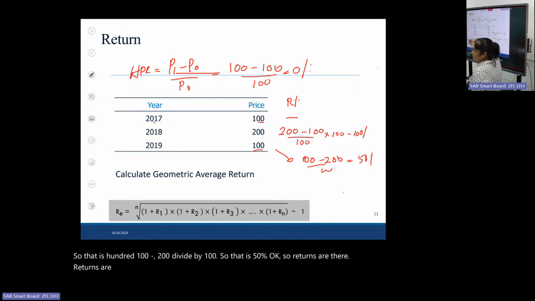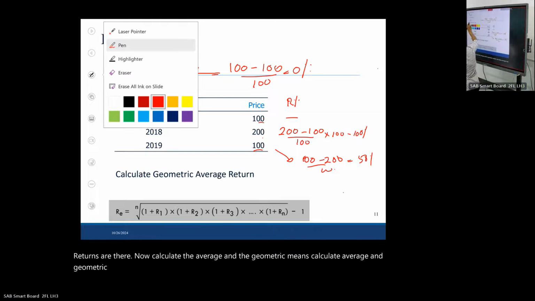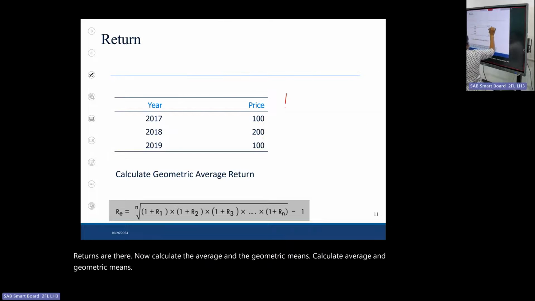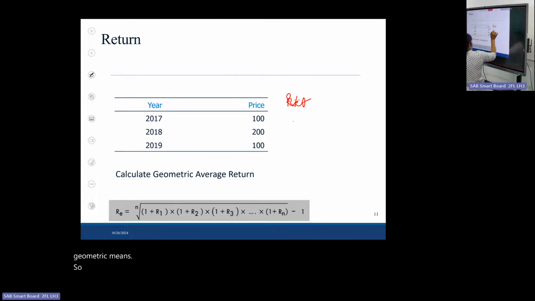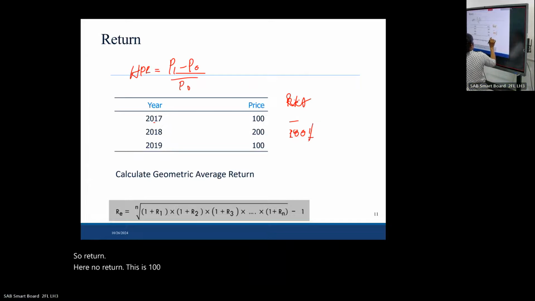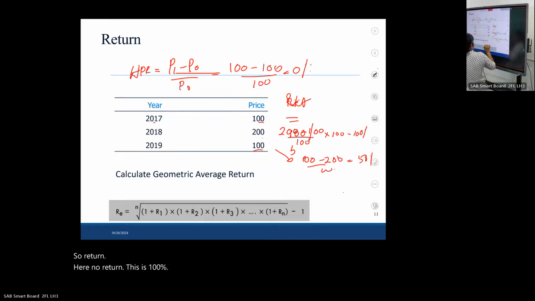Now calculate the average and the geometric mean. The returns are 100% and minus 50%.